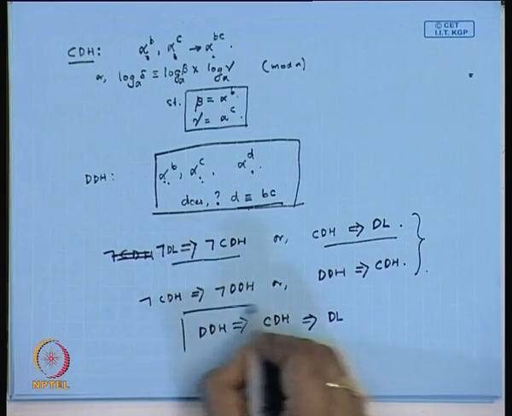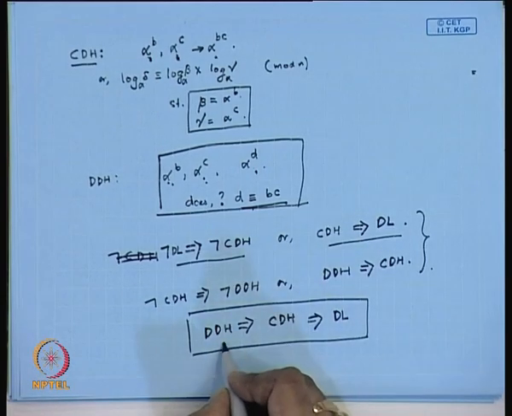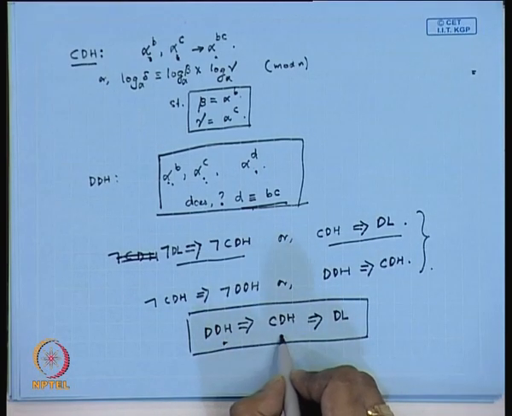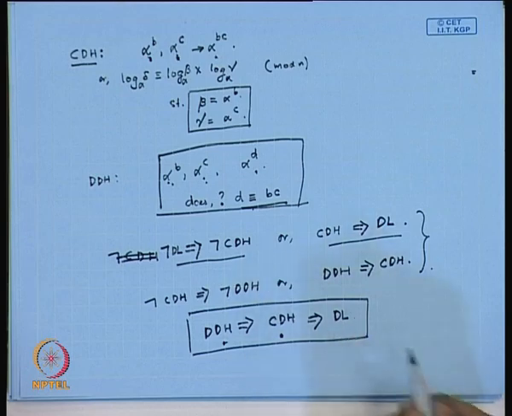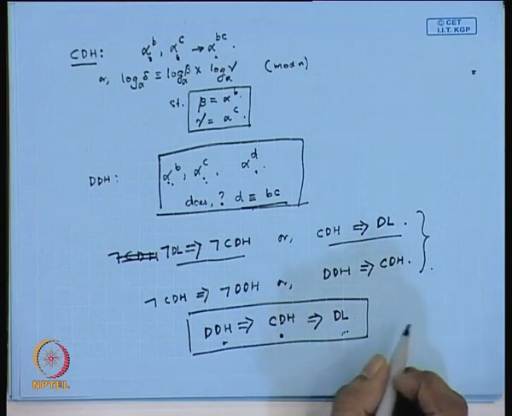So, the DDH hardness is at least as strong an assumption as that of the computational Diffie-Hellman problem, which is at least as strong an assumption as the discrete log problem assumption, right.